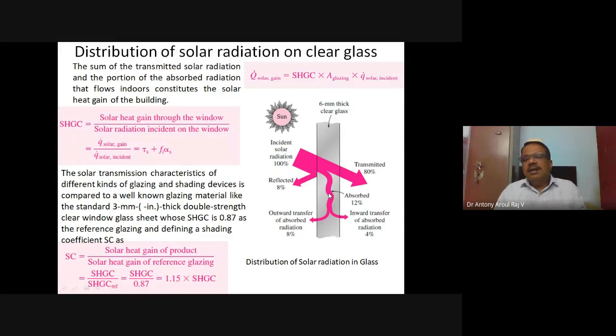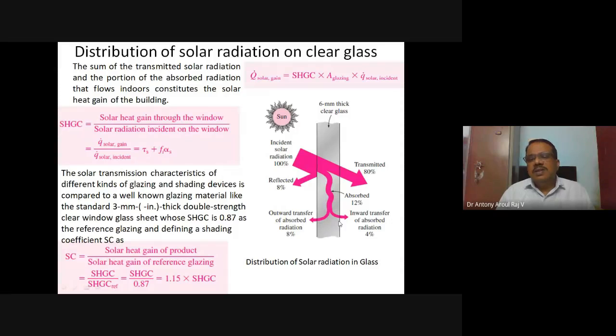Because of this high temperature, the glass will try to transfer heat inward as well as outward. How will it transfer heat inward and outward? The temperature will be higher in the glass, and it will see where the resistance is low, whether inside or outside.